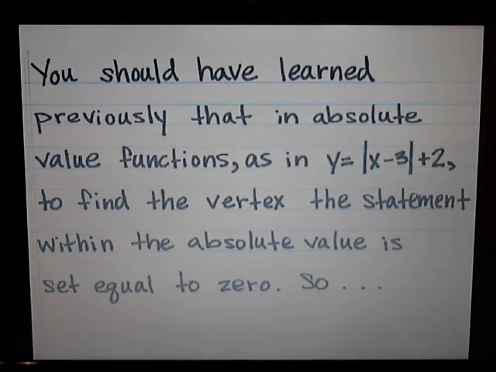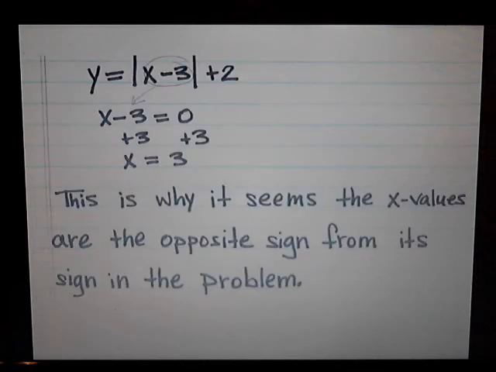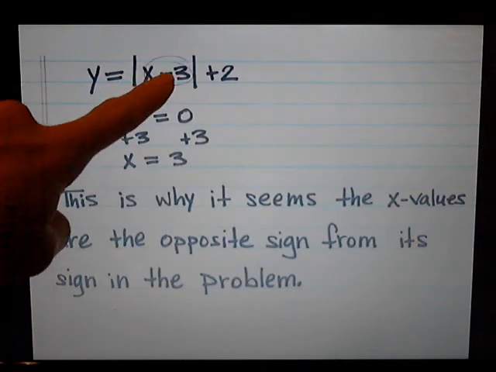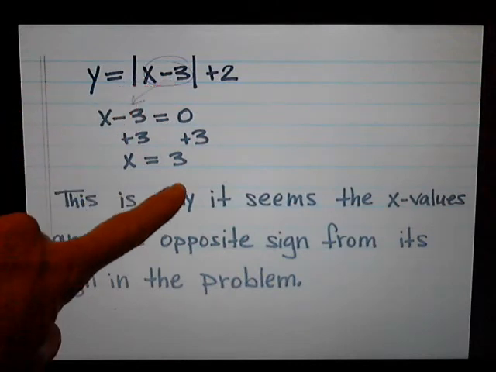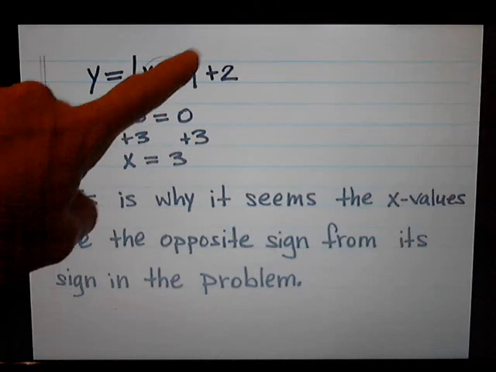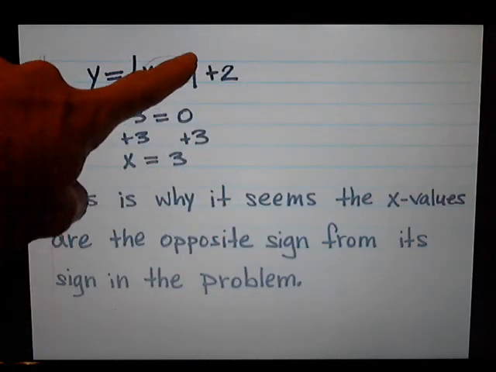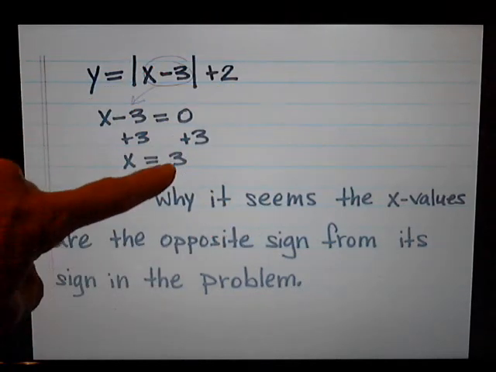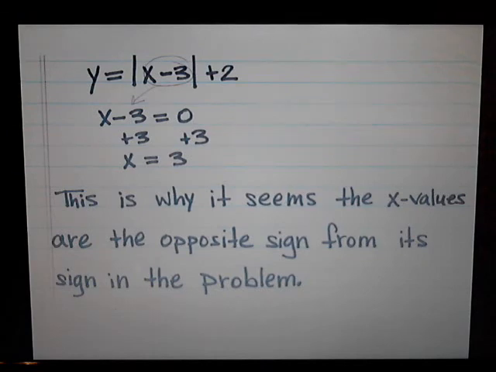This is why in your vertex, it seems the x values are the opposite sign from its sign in the problem. On that translation, this was your equation, and then your vertex had a +3 as the x value, and this is why: you take all of this and set it equal to 0, and you get your vertex value.